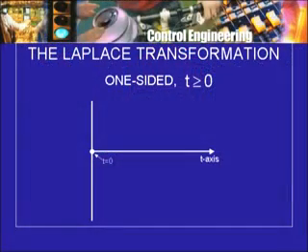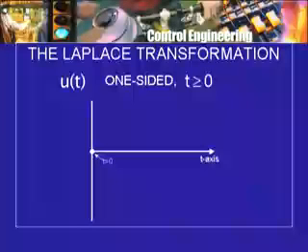Suppose you were given some function, let's say it's our input function u of t, and as I told you, as control engineers, our action normally starts at some moment of time which we call the initial time and which we therefore label usually as 0, and we are interested in what happens thereafter. So we are interested in t greater than or equal to 0. So suppose we have some function specified, u of t, for t greater than or equal to 0.